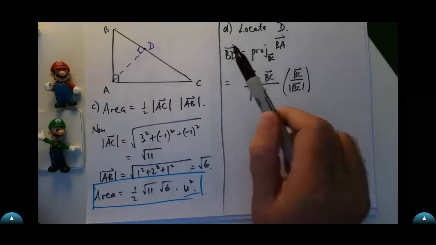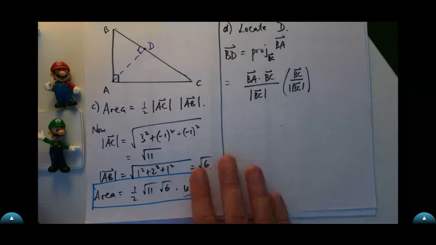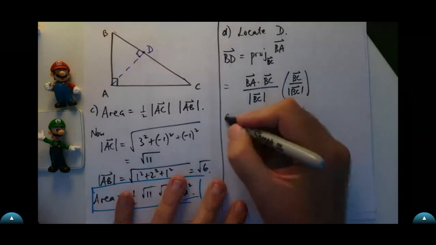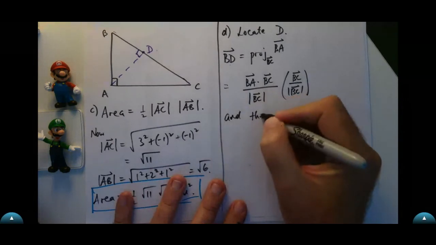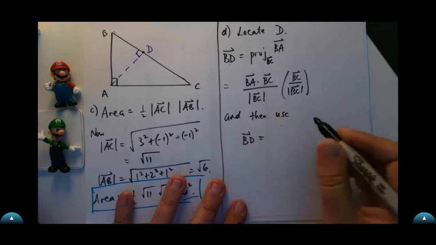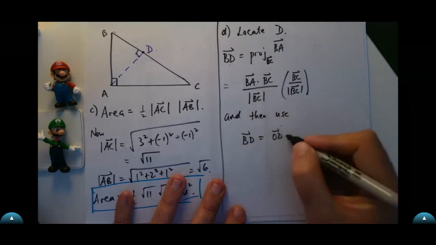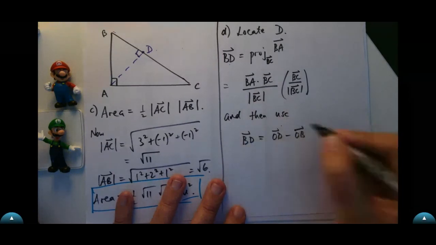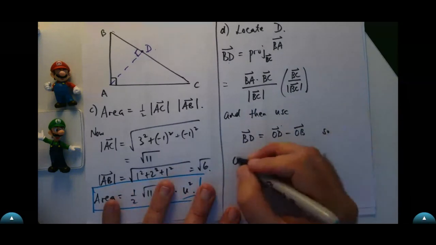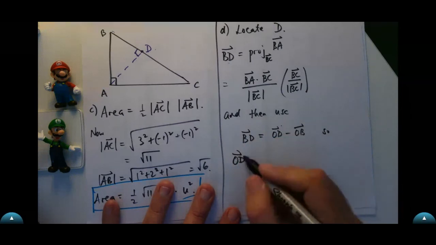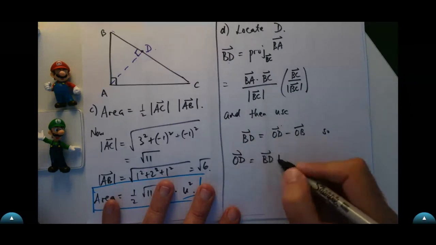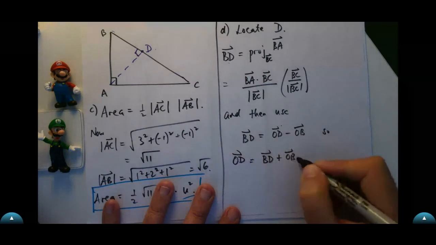So once you've found BD, then you can compute BD equals OD minus OB. So you're looking for that, you just take this to the other side. So the coordinate of D, or the position vector, is just BD plus OB.